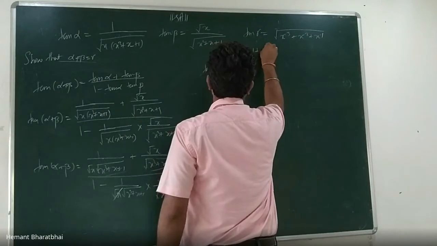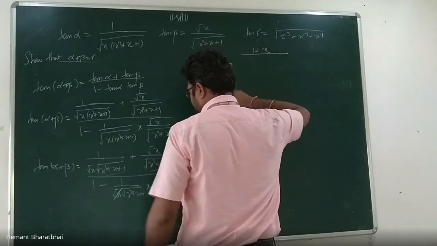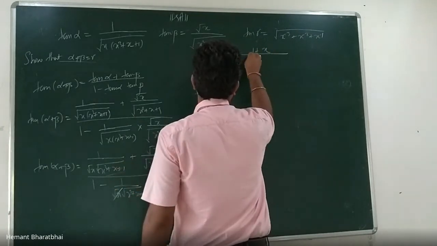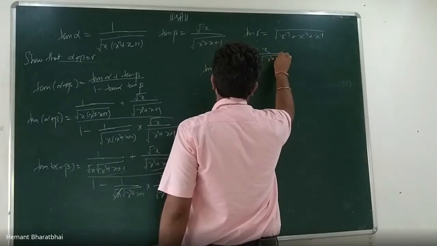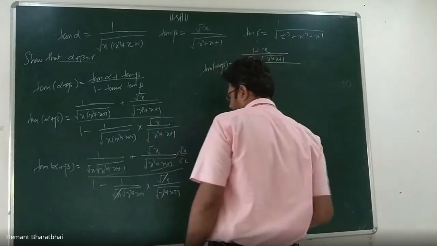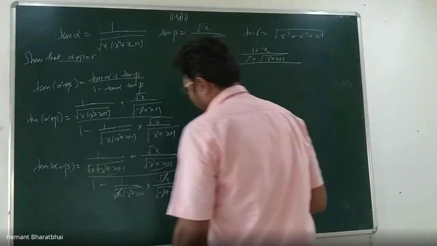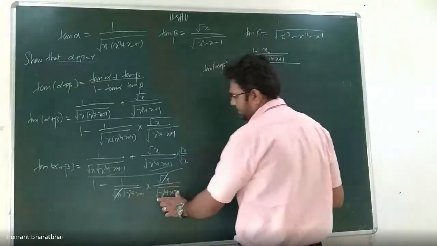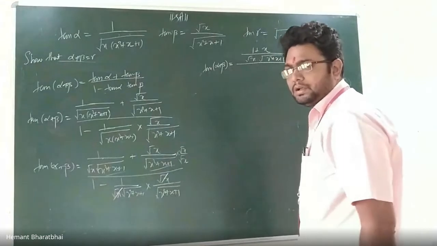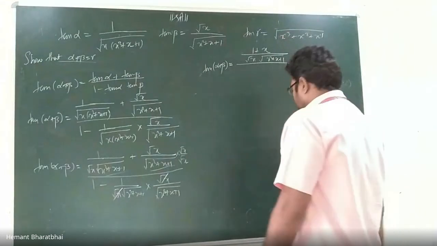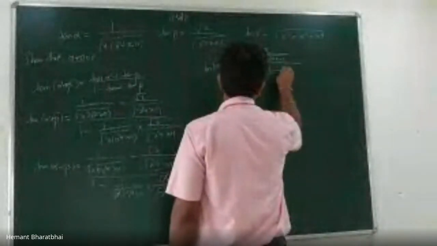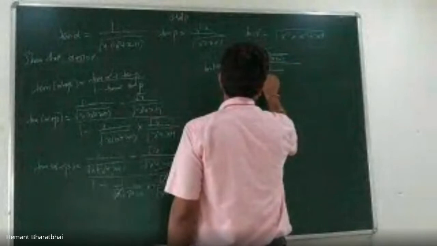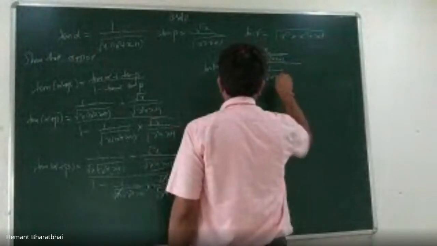So this will become 1 upon x upon, here the denominator will become root x into root of x square plus x plus 1. The whole upon, in this case, root x into root x, root x square will get cancelled, I get 1 upon 1 plus x square plus x plus 1.